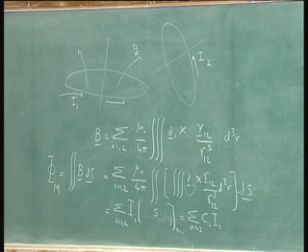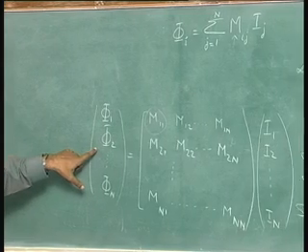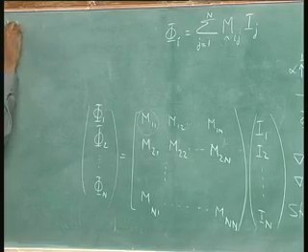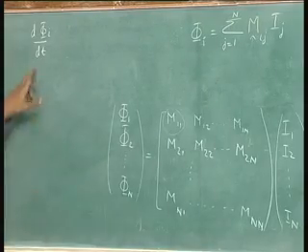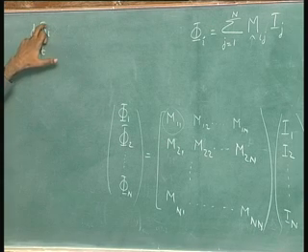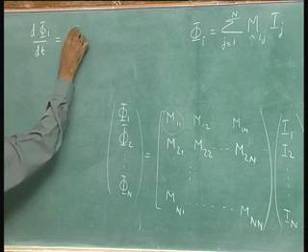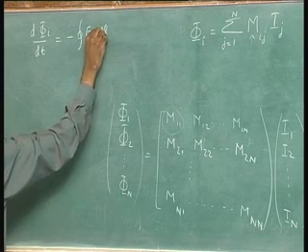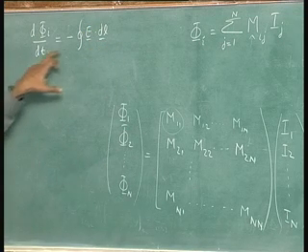Now, let us take the time derivative of this. If we take the time derivative of this, then we know that d phi_i dt, which is the rate of change of the flux in coil i, is equal to minus loop integral E dot dl, because of Faraday's law.